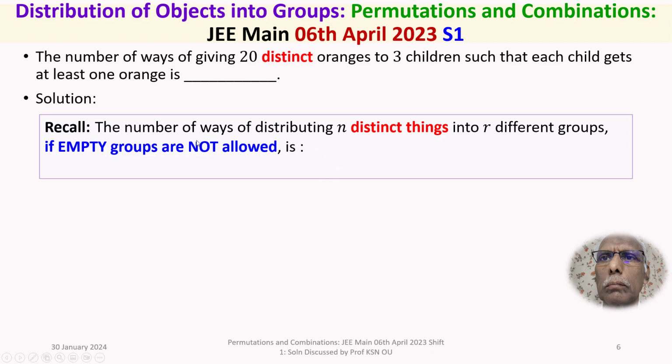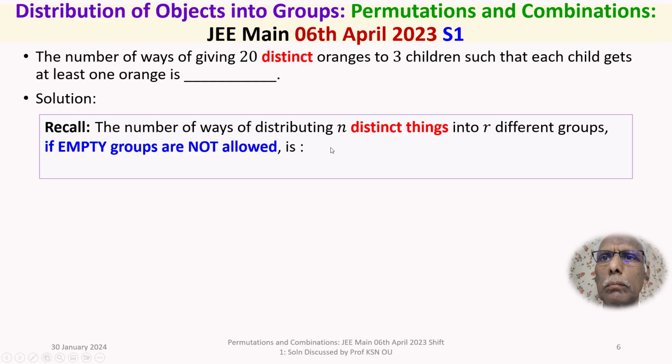It gives the number of ways of distributing n distinct things into r different groups, subject to the constraint that empty groups are not allowed. That means each group must get at least one thing or one object.